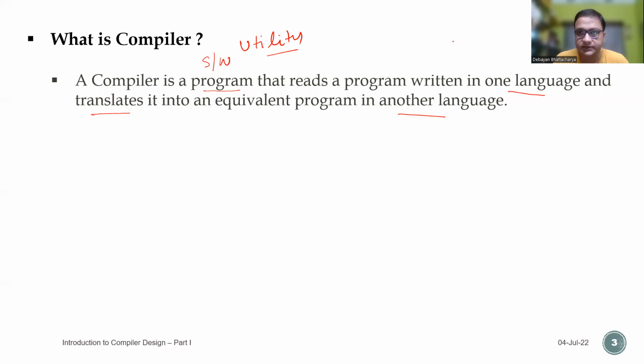Here, one language is the high-level language, and the other is the machine-level language. Whatever instructions we write in a high-level language, like the English language, are converted into machine-level language by the help of the compiler. This is the main task of a compiler.